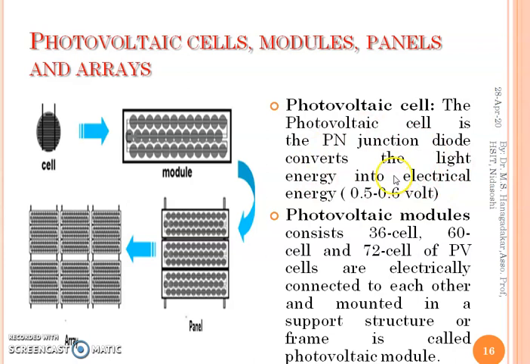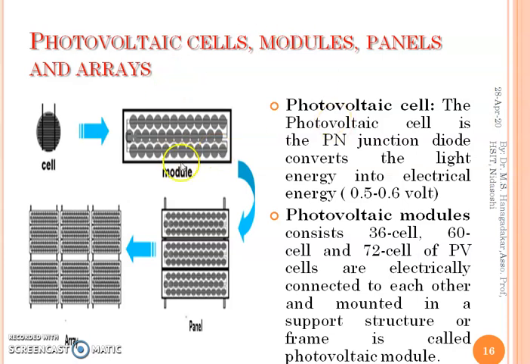In order to generate more power, we have to create a structure called the photovoltaic module. Let us observe the photovoltaic module in this diagram. We have arranged PV cell units in series and also in parallel. When they are mounted on a support structure or fixed in a frame, we get the structure called the photovoltaic module.